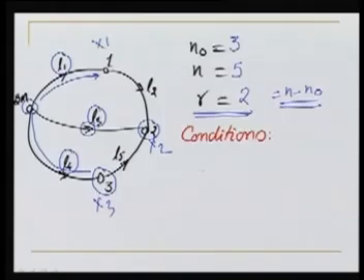The condition equations can be written as follows. If you look first at this loop, start from the benchmark, go to point 1, go to point 2 and again go back to the benchmark. Here is a loop, and what we are observing is the difference in elevation. L1 is the difference in elevation between the benchmark and point 1. L2 is the difference in elevation between point 1 and point 2.